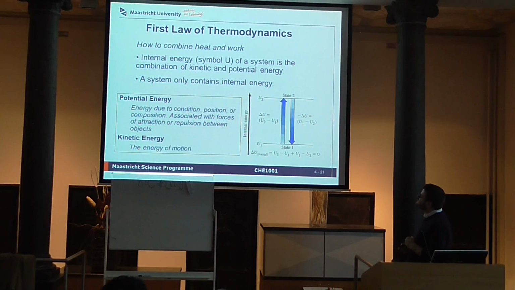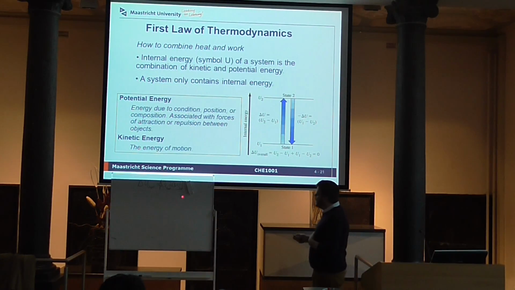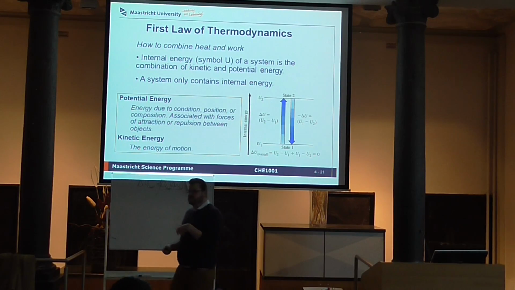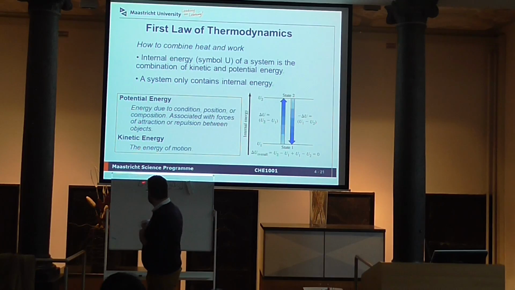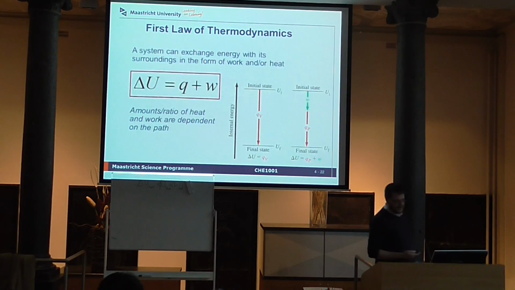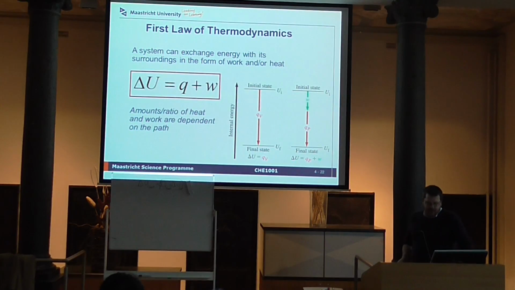And the system only has this energy. You can't really measure the internal energy. You can measure the change in the internal energy using this expression here, which is a formulation of the first law of thermodynamics. And there it is. That's basically all I want to say about that.